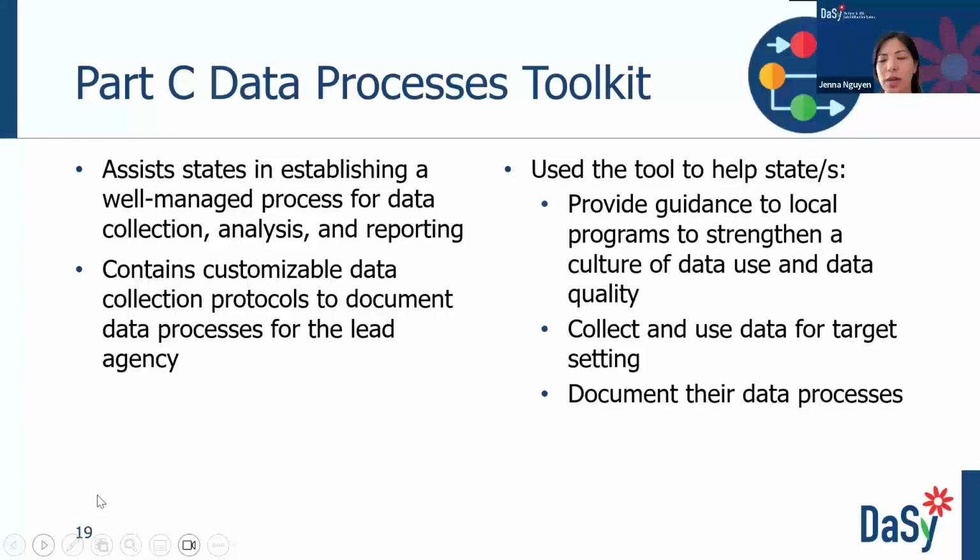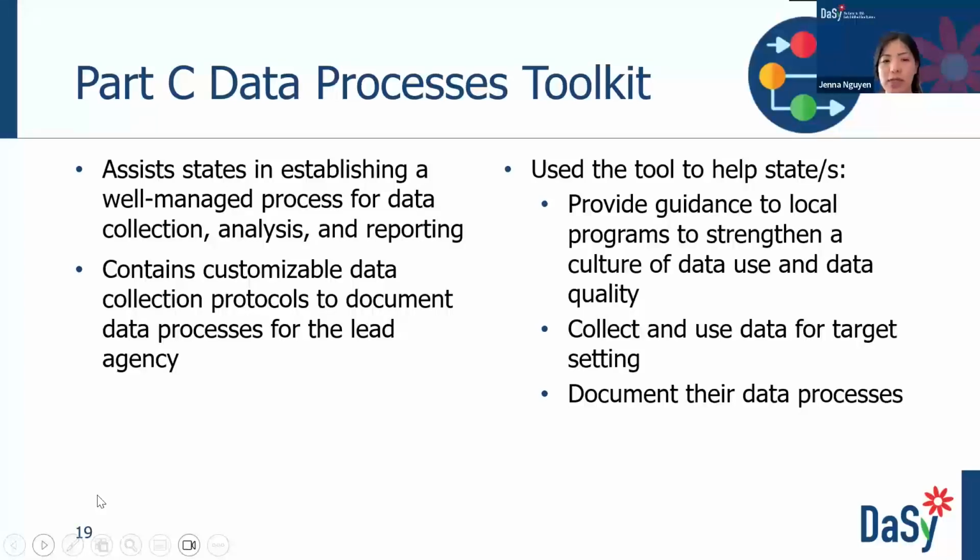So whether that's around organizing and documenting your data processes for preparing the APR for each indicator. What does that look like? Who are the data stewards? What are the timelines? Where can you find the data? There's also a protocol for the state landscape.